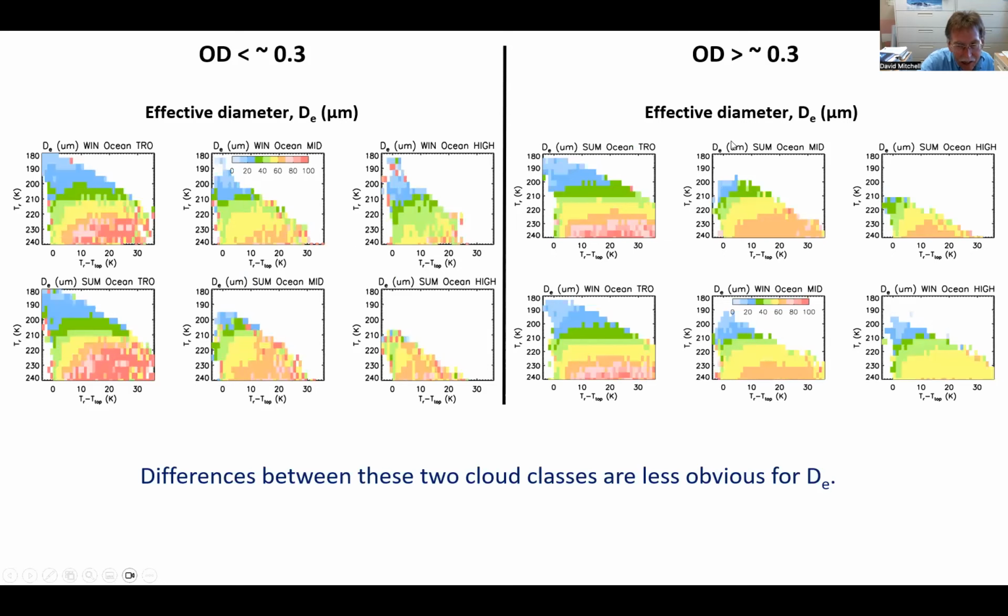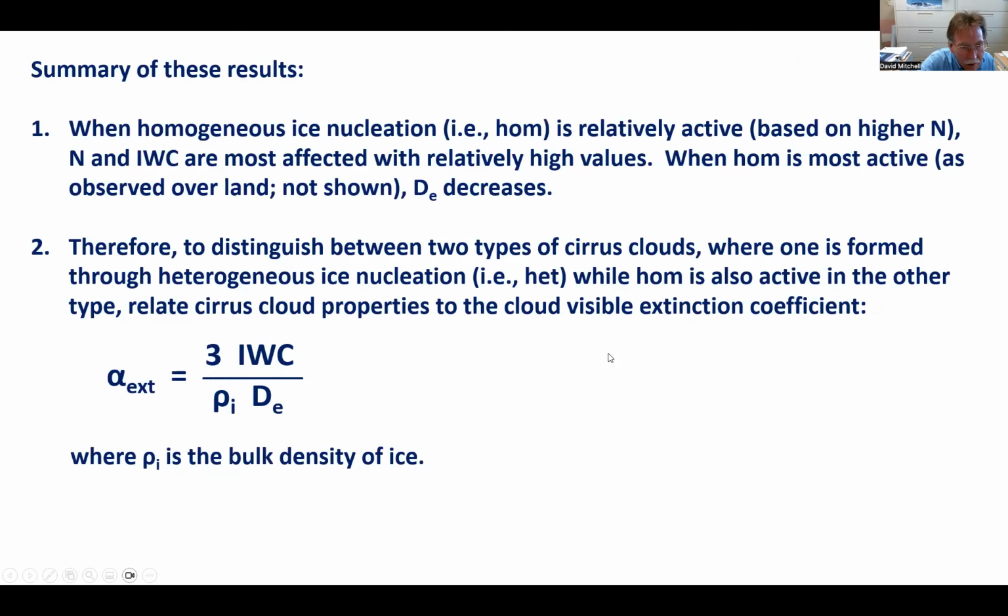For effective diameter, we don't see too much difference between what I would say is the heterogeneously dominated optical depth region and the homogeneous type cirrus. This is only over oceans, though.